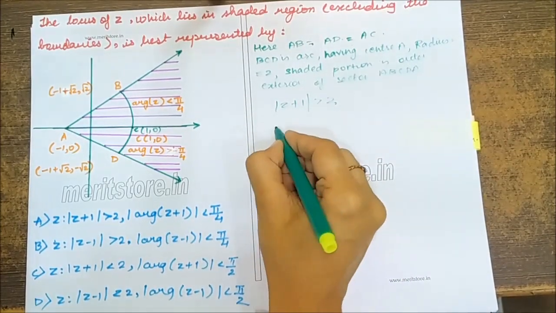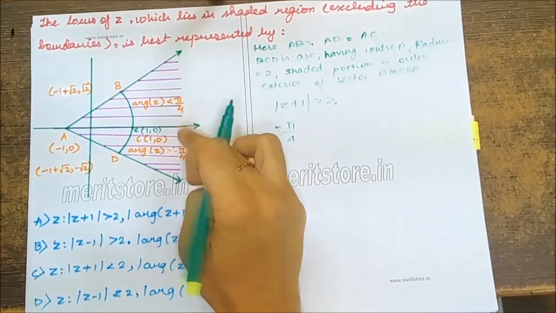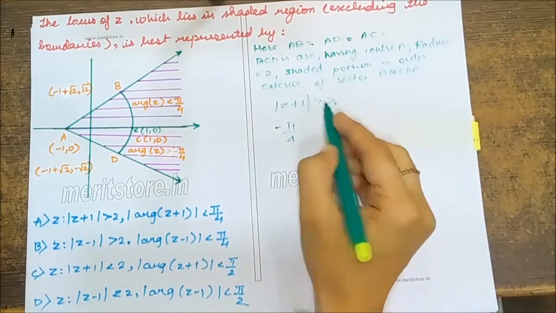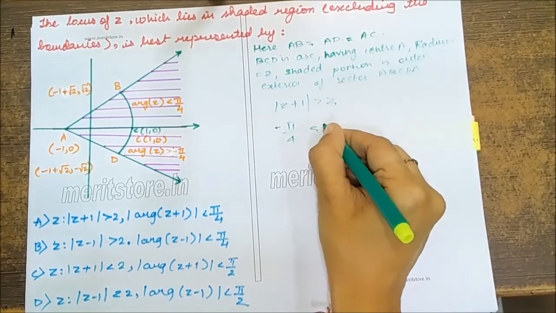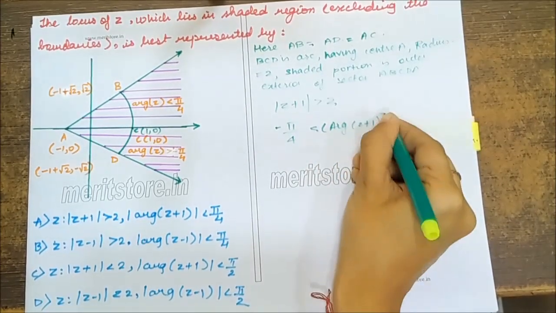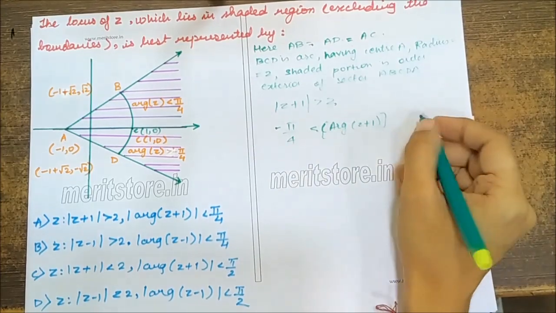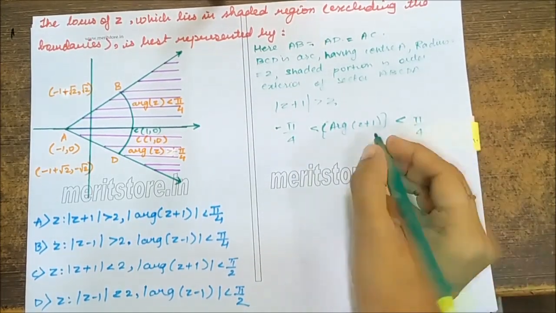So argument of z plus 1 is given, will be less than pi by 4, and greater than minus pi by 4.